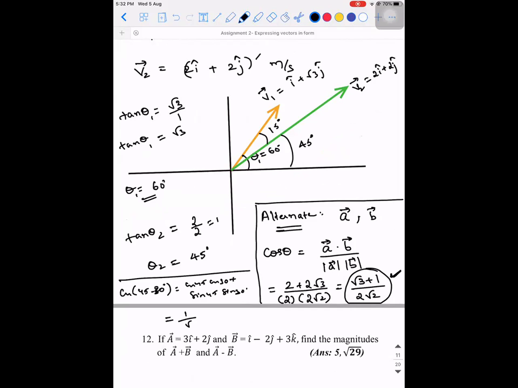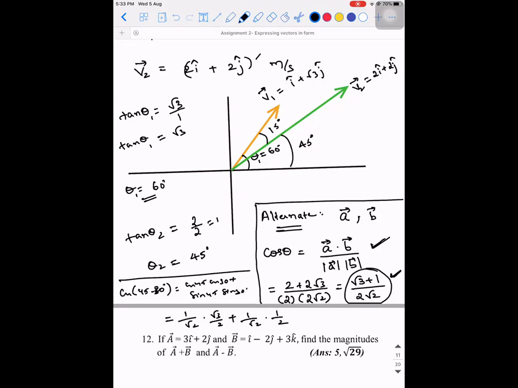So cos 45 is 1 by root 2, cos 30 is root 3 by 2, plus sin 45 is 1 by root 2, sin 30 is 1 by 2. If you take LCM and solve, you will get root 3 plus 1 divided by 2 root 2. This is an alternate way. But if you have still not practiced dot product, it is fine. You can go with the first method itself.